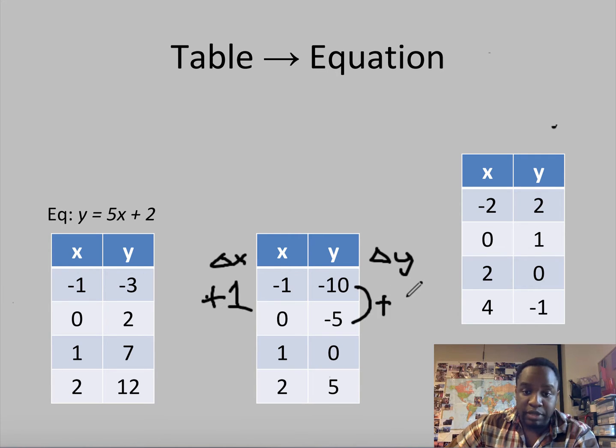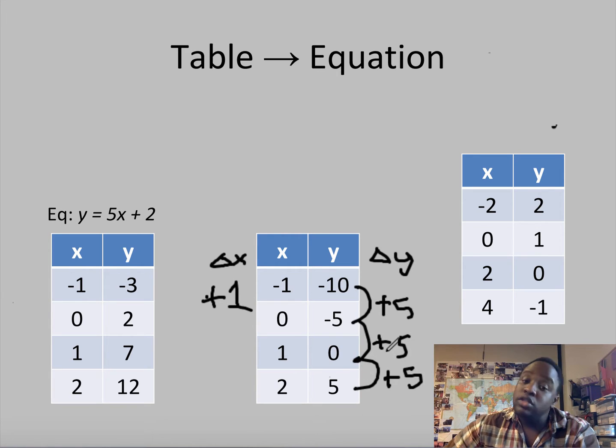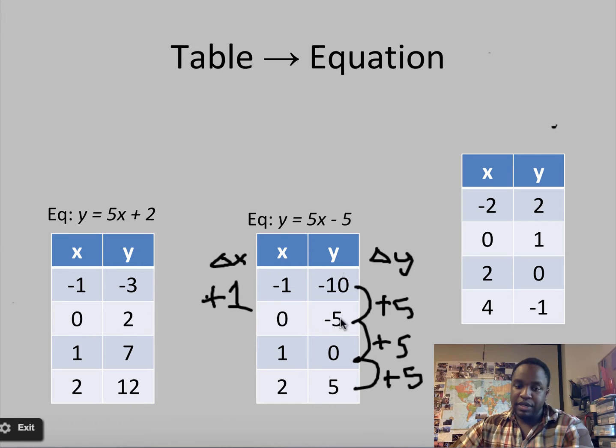Oh no, we're going plus 5, plus 5, plus 5. So we know that the slope is 5, and our y-intercept is when x is equal to 0. So it's going to be y equals 5, the slope, x minus 5, because the y-intercept is negative 5.